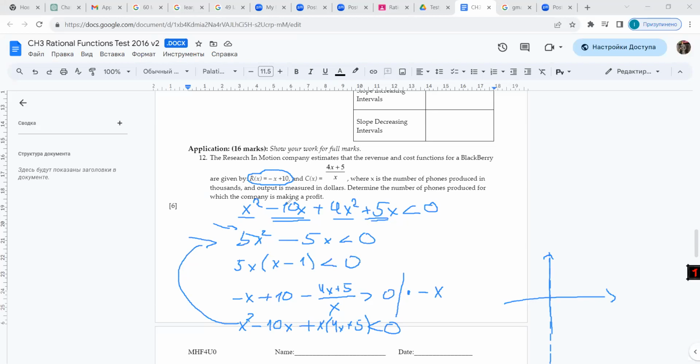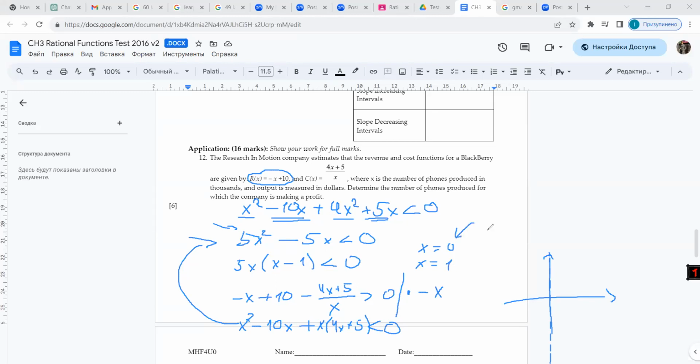So I got 2 solutions from here. X equals 0 and x equals 1.